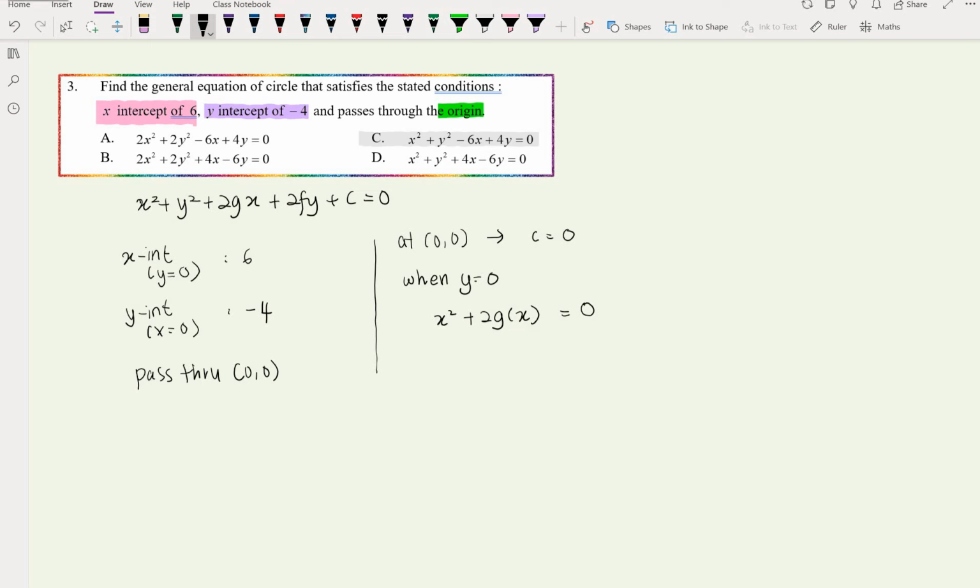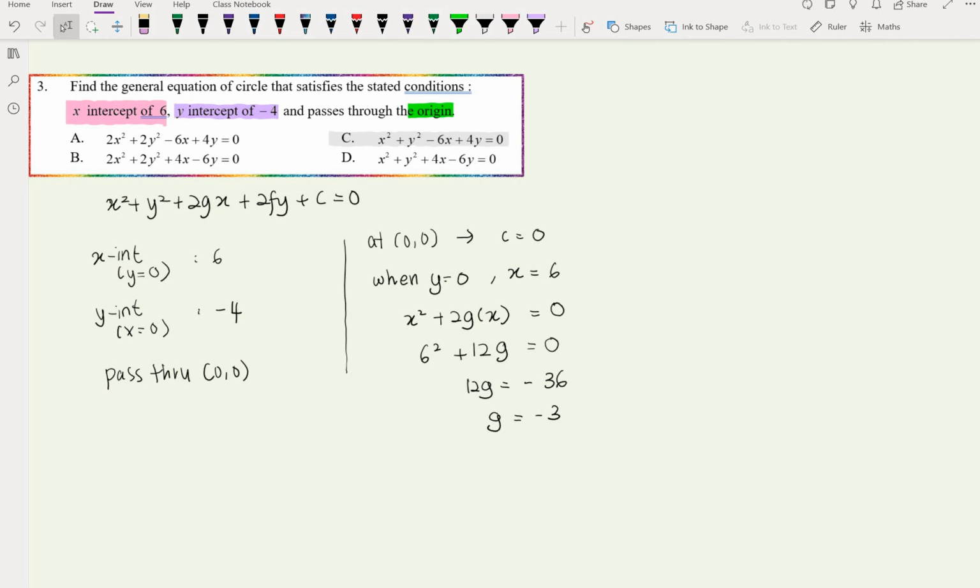And we know what our X value is. Remember our X-intercept is equal to 6. So, substitute the value 6. We will get 6 square plus 6 times 2G, not 36. 6 square plus 12G is equal to 0. So, 12G is equal to negative 36 and G is equal to negative 3. Okay, we got the value of G.